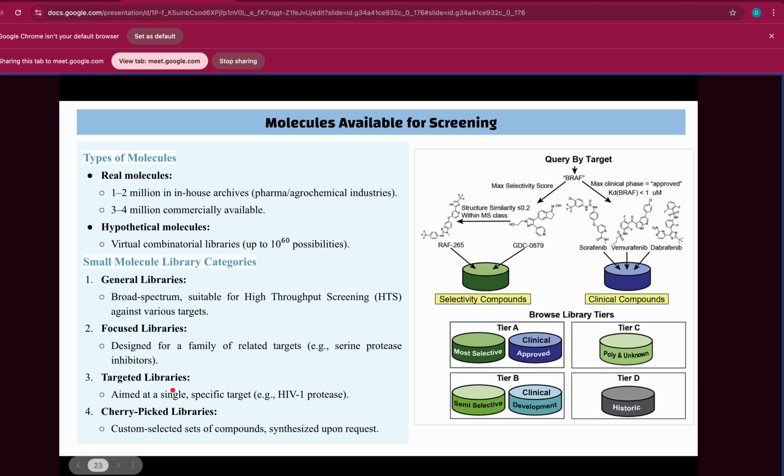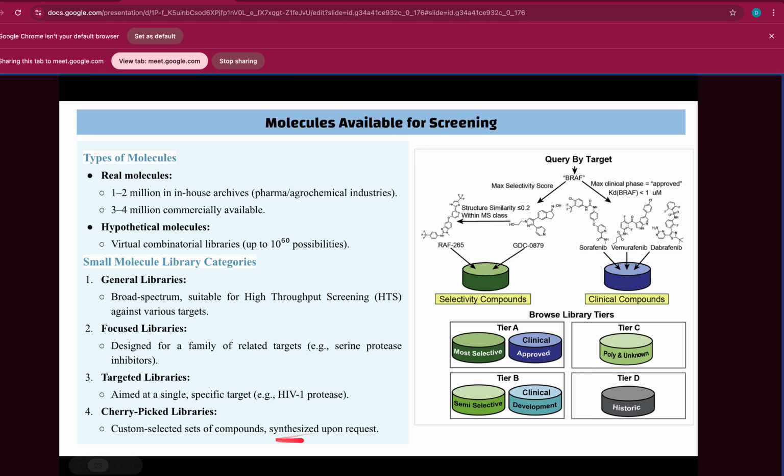Then comes targeted libraries, which are aimed at a single and specific target. So for example, only HIV-1 protease, so all those ligands which only target HIV-1 protease, libraries which only focus on one particular protein. Then comes cherry picked libraries, in which we have a custom set of compounds which are synthesized upon request.